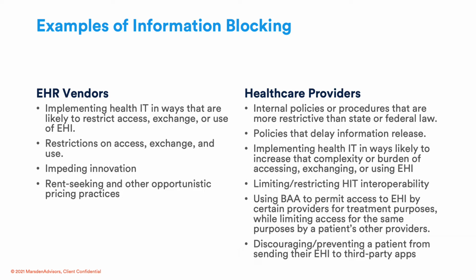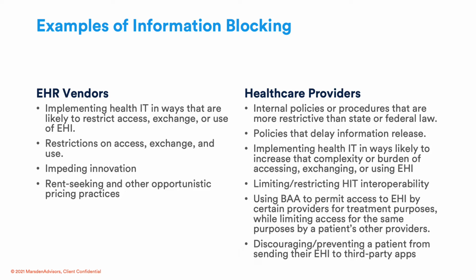I know that was a long list, so let's look into one example in a little bit more detail. Let's say a medical group has an application programming interface. Again, that's something that allows, say, a third-party health app that you might have on your phone to access information stored within the EHR in a secure way. But they don't share the endpoint information.